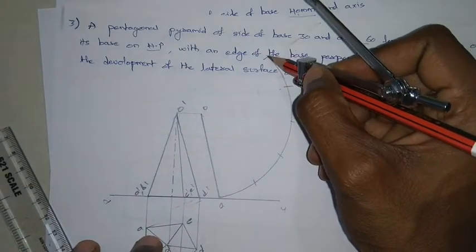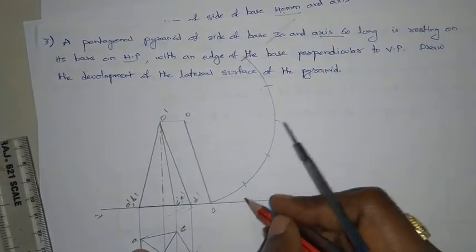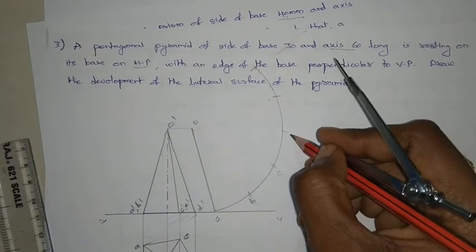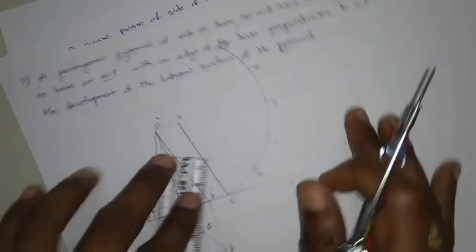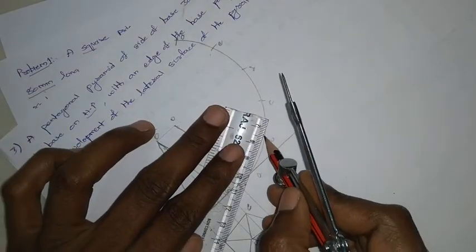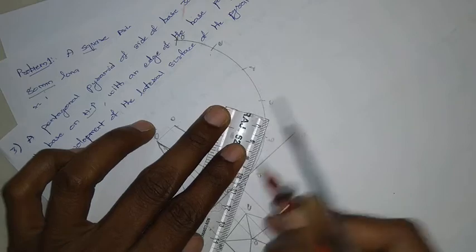So up to here it is going. So this is A, B, C, D, E, and again this becomes A. Now with the help of scale, join these edges.